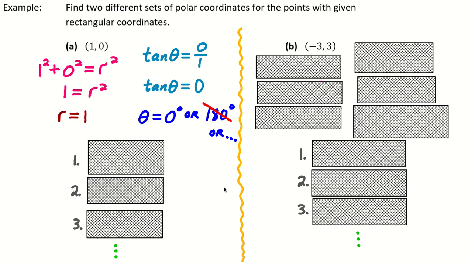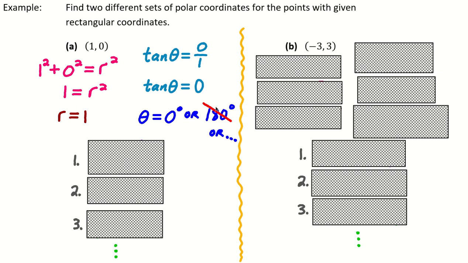Whether you have a cheat sheet, like a little reference chart, or you're going off of your calculator, let's say you ask your calculator, what is the inverse tangent of 0? You have to remember in scenarios like this that there's technically an infinite number of answers.